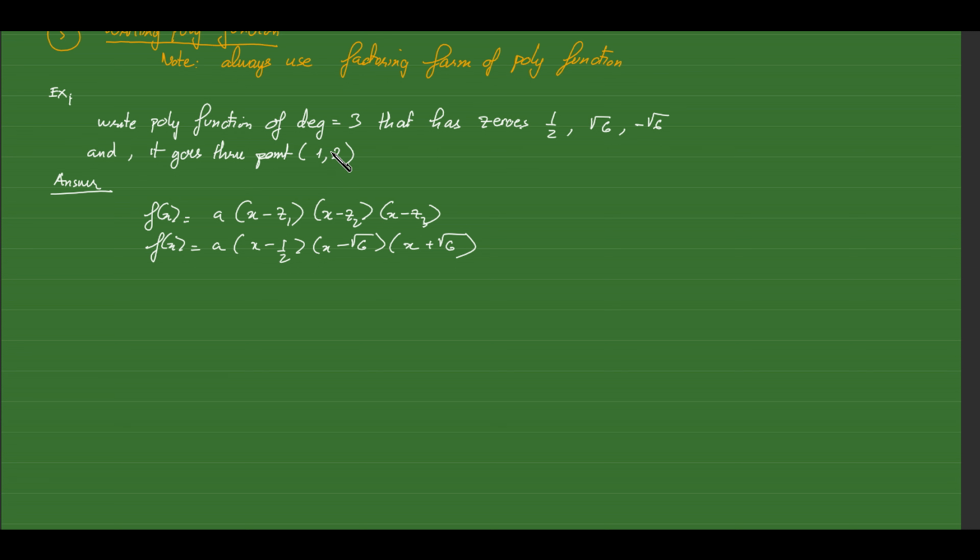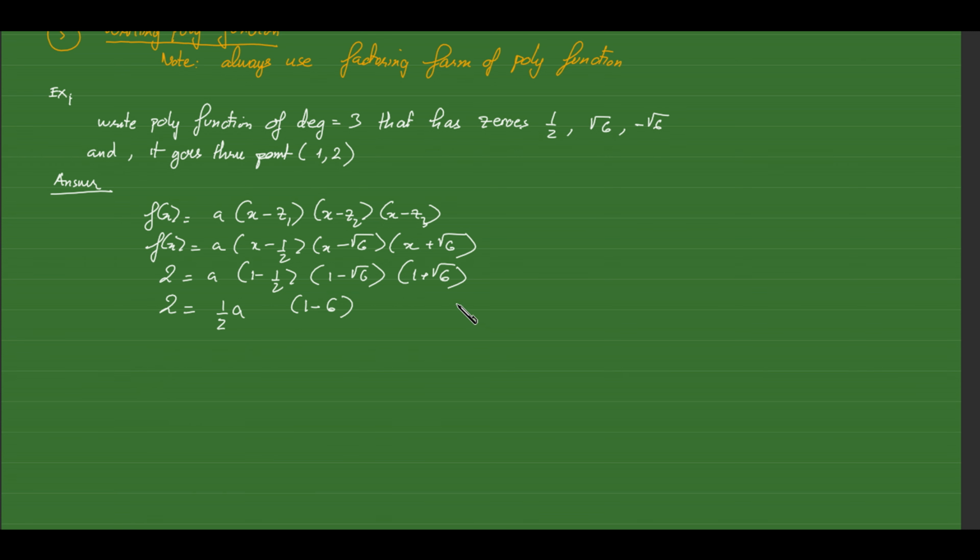They give you the point with 2 over here, so we plug them in. So 2 will be this a, this is going to be 1. This is 1 minus square root of 6 and 1 plus square root of 6. Now we have to find the a value. So we have 2 times 1/2 times a, and this one I can go ahead and distribute, which gives you 1 minus 6.